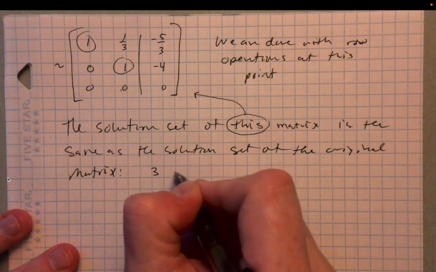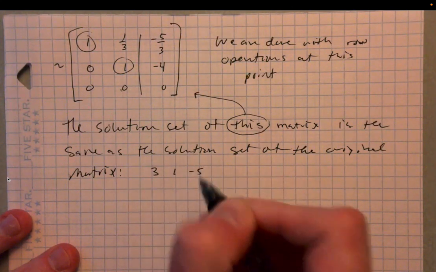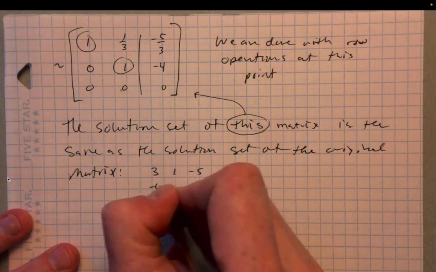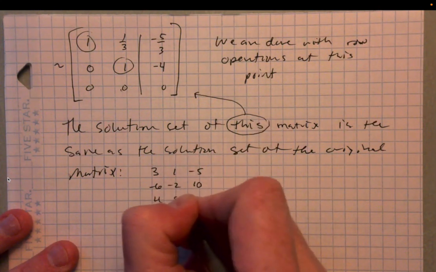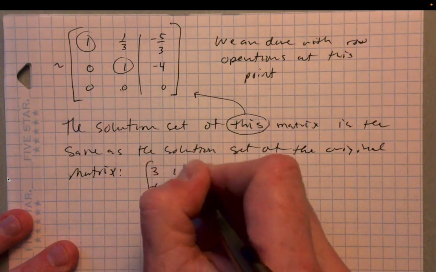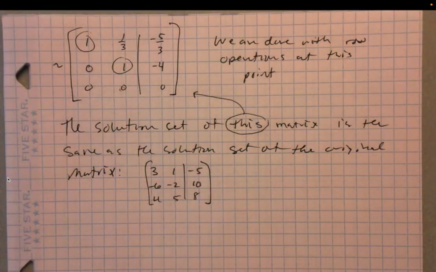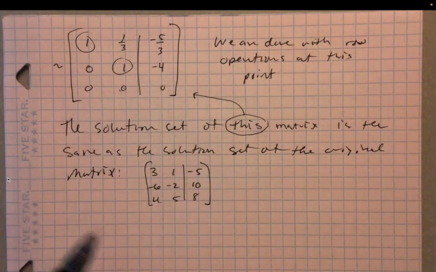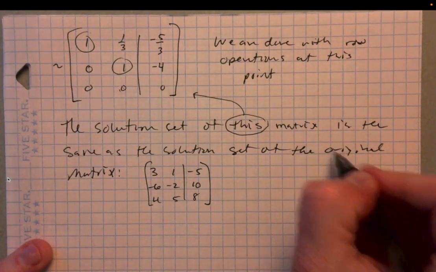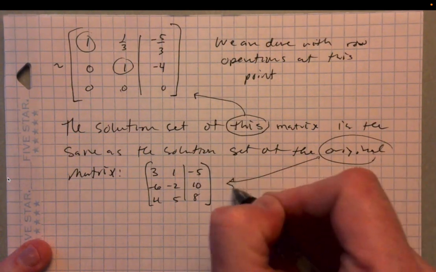It was 3, 1, -5, -6, -2, 10, and 4, 5, 8. So this guy here has the same solution set as the original matrix here.